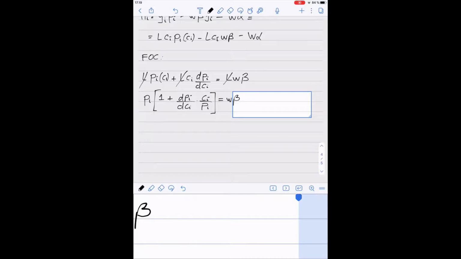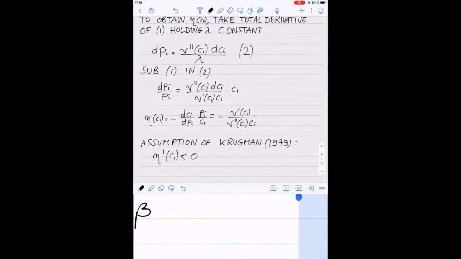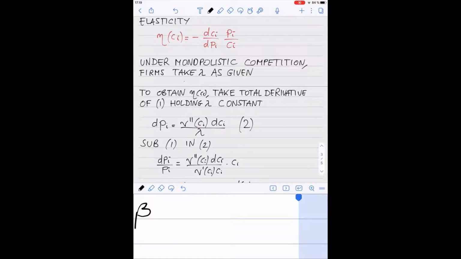Well, here we have the derivative of prices with respect to consumption times Ci over pi. That looks a lot like our demand elasticity eta, doesn't it?